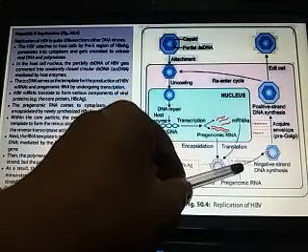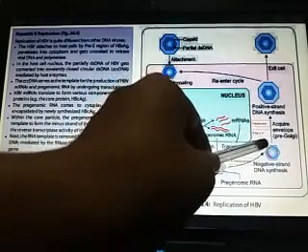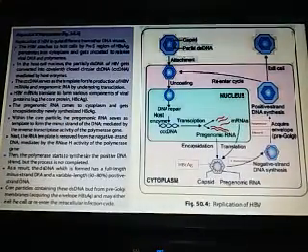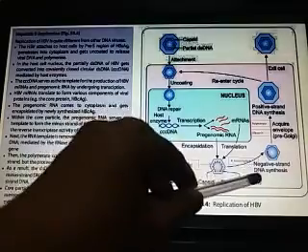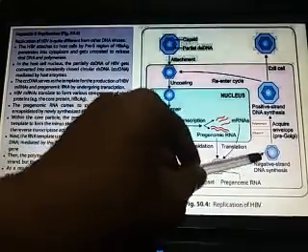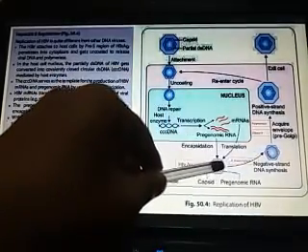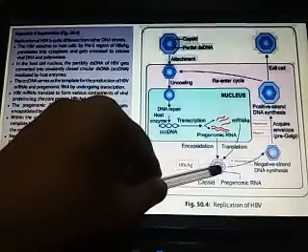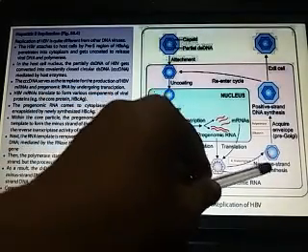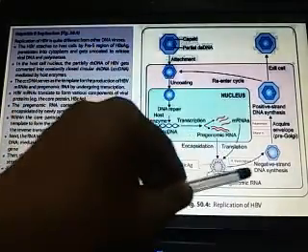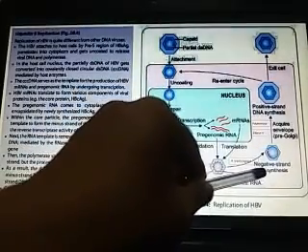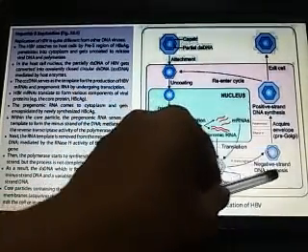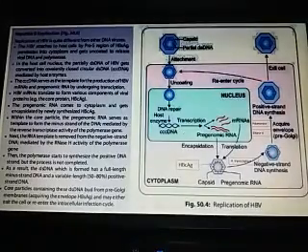It functions as reverse transcriptase, RNase H, and polymerase also. Due to the reverse transcriptase, the DNA that forms from the pre-genomic RNA will be complete, and that is called negative strand DNA.